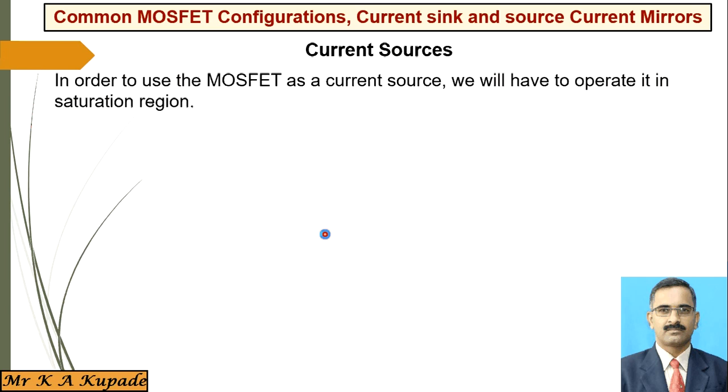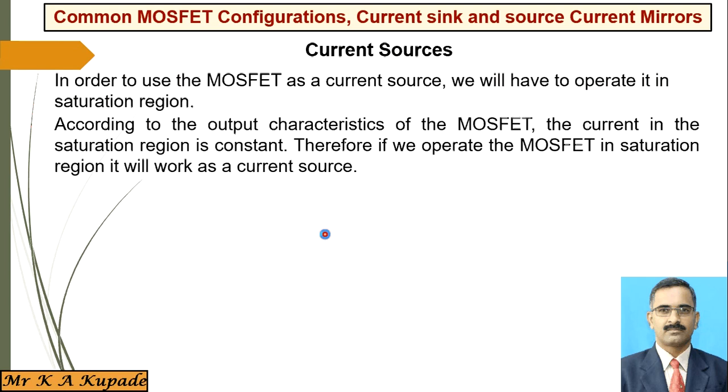Now, in order to use the MOSFET as the current source, the current source appears in the saturation region of the transistor operation. If you want the MOSFET as a constant current source, then your ID should be constant.